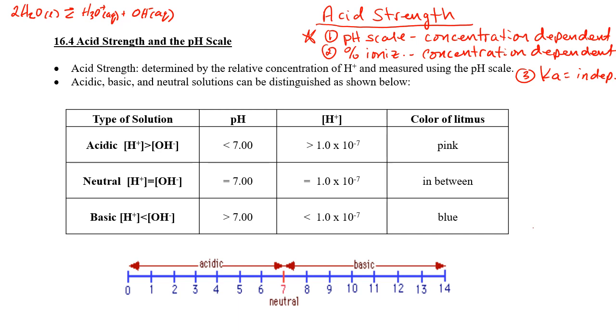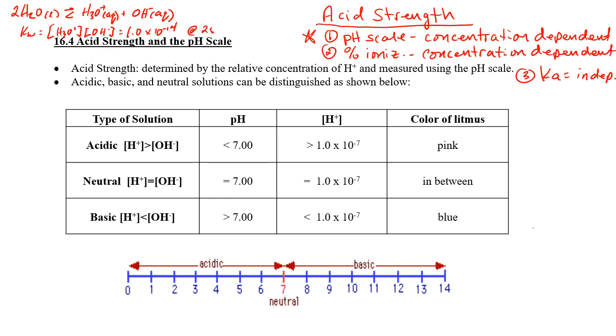Right now, in a sample of pure water, if you remember, based on the Kw expression, Kw, the equilibrium constant for water, which is the product of the hydronium and the hydroxide from the equation above, is equal to 1.0 times 10 to the negative 14th.